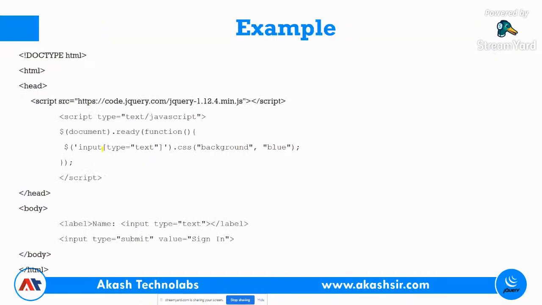So here you can see again input type equals to text, and then the color will be applied blue. For an example, if you are using input type password, this will not apply a blue color in your text box. So whenever your type equals to text, your background color will be changed to blue. Okay. So again, the same property, but different selectors, right?